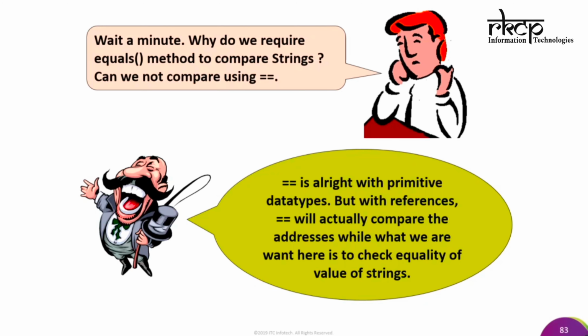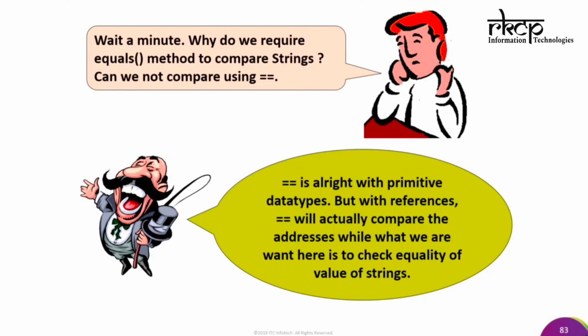This is very important. Many times people ask this question in interviews: what is the difference between equals and double equal to? The equals method compares the object. Equals method is for objects. However, double equal to is for primitive data types.